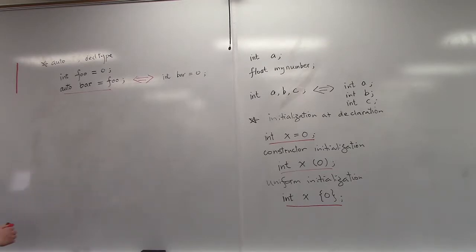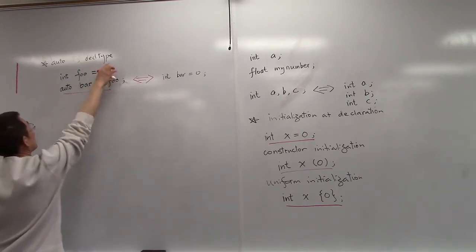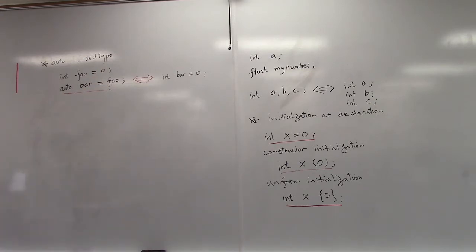Another way to declare a variable is to use the keyword decltype, so you strip the type information of a variable and assign it.